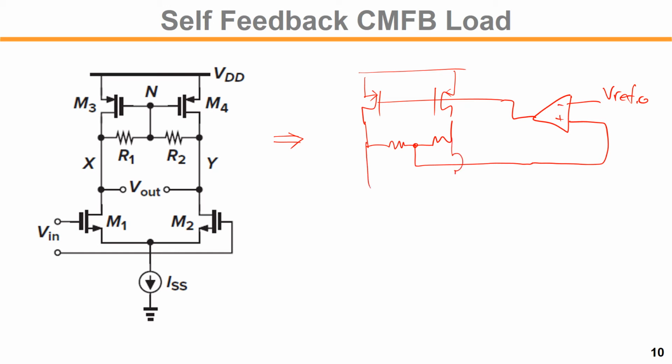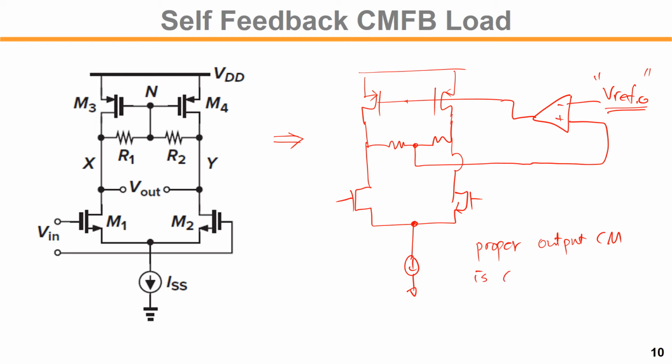Then we can have the desired output range. The output common mode can be set by this provided voltage, so in that way we can maximize the output swing range, by the negative feedback.